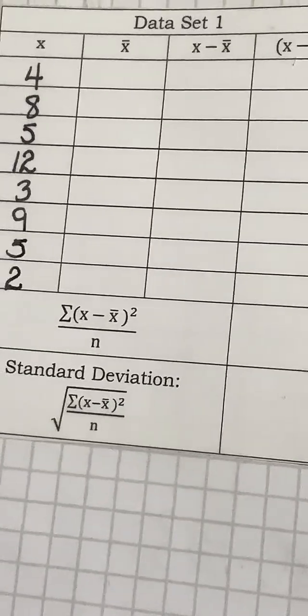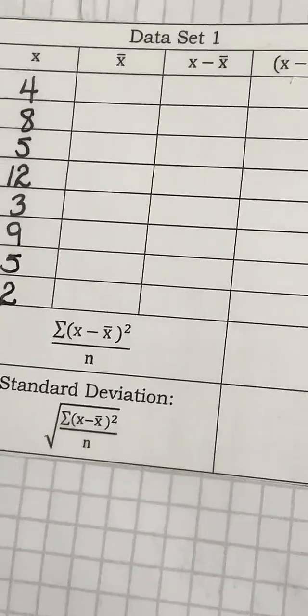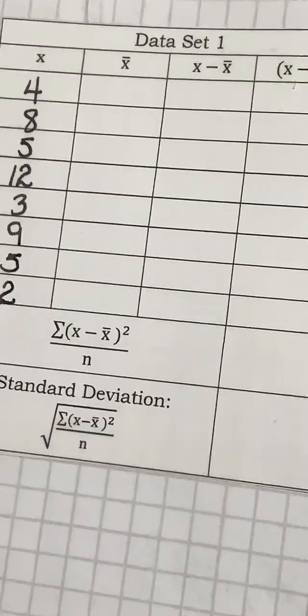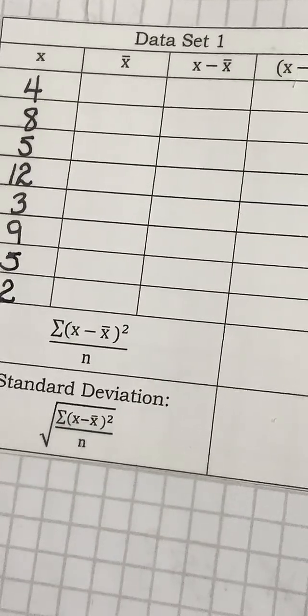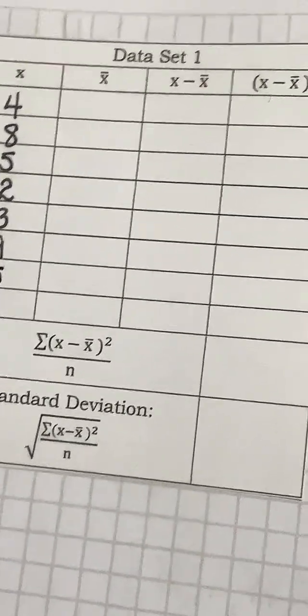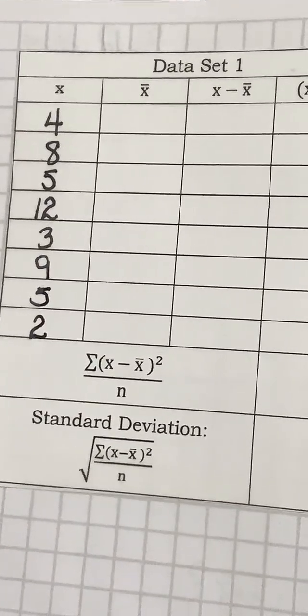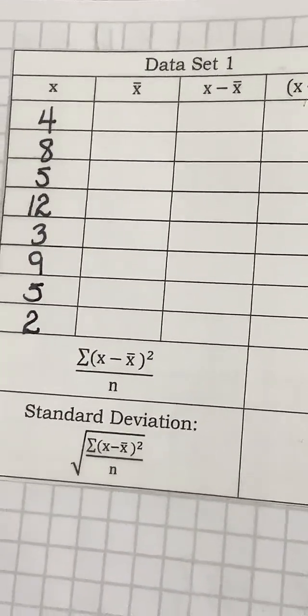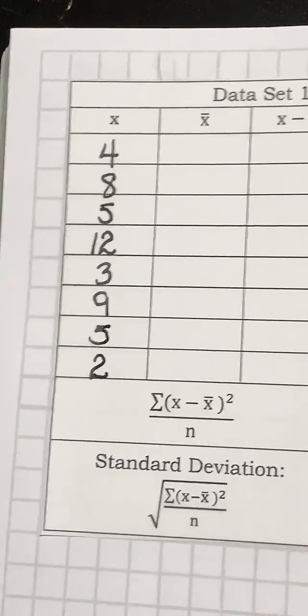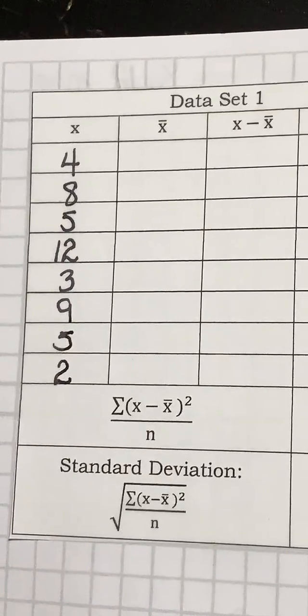All right. So we have our data set, which is the 4, the 8, 5, 12, 3, 9, 5, and 2. They do not have to be in order since we're going to be the ones doing the calculating. So if you're saying, oh, wait, Audrey, it has to be in numerical order, yeah, but we are doing the manual calculations, okay?